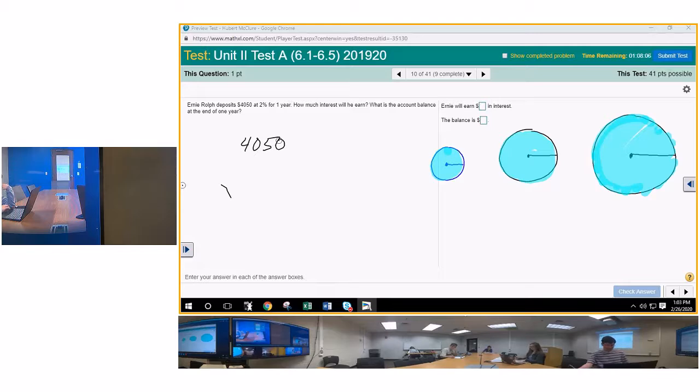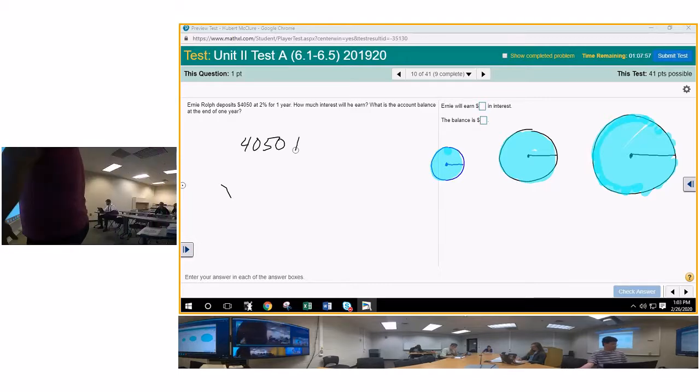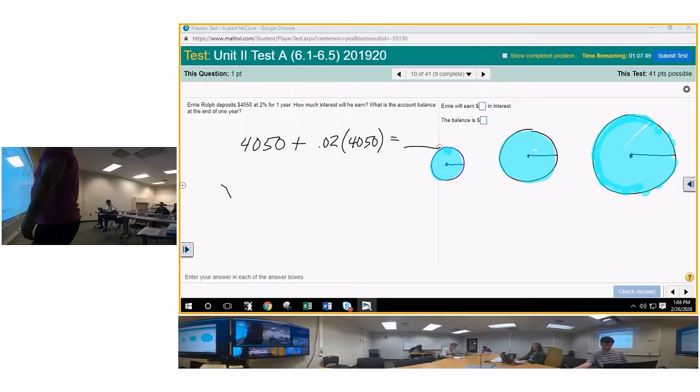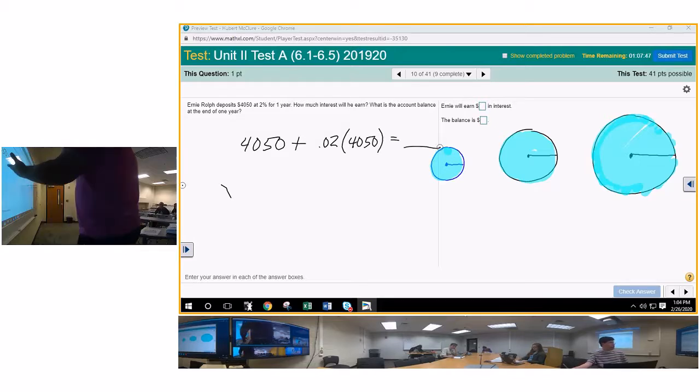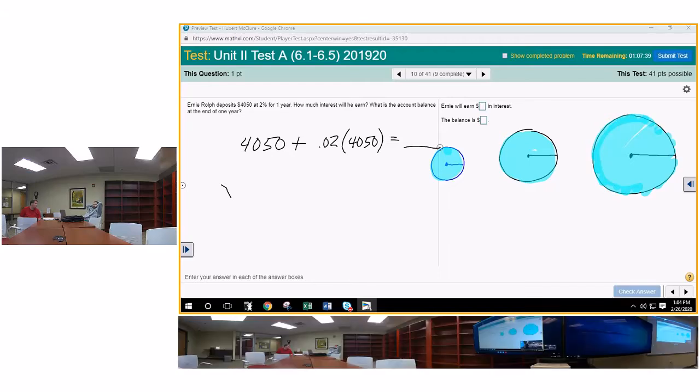Oh, what is interest? Is interest on a savings account, IRA, stocks, is it added or is it subtracted? Percentage of the total is equal to the final sum. So somebody crank that through the calculator. Well, this is the interest.